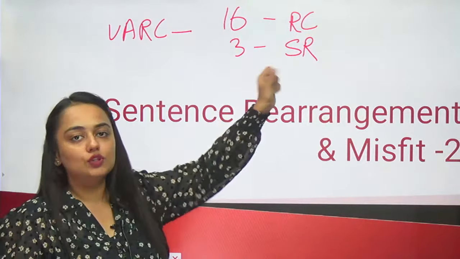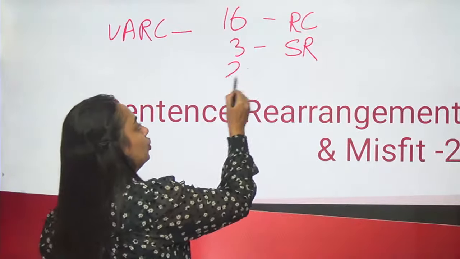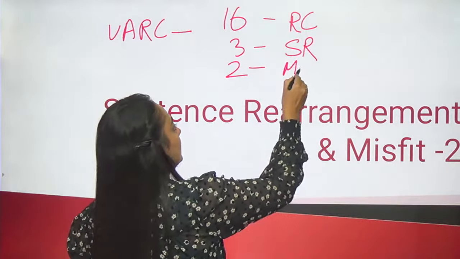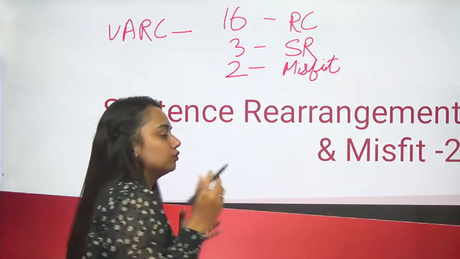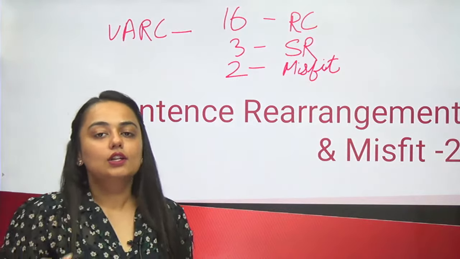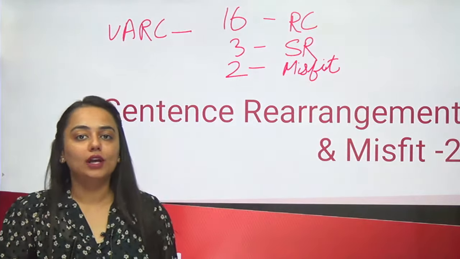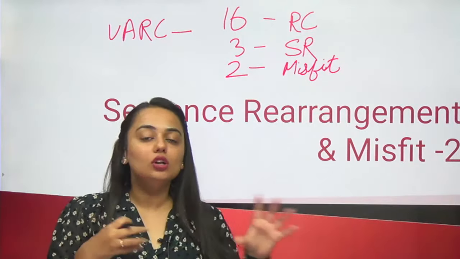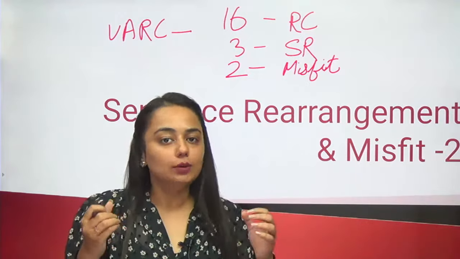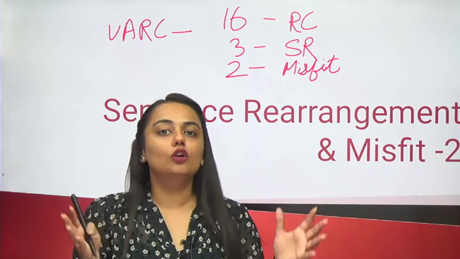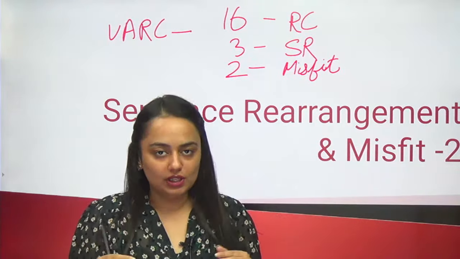So 3 questions from sentence rearrangement and 2 questions on misfit. In misfit you get 4 to 5 sentences, and you have to find the one sentence which is not in sync with the rest. Even if you take out that particular sentence, the meaning of the passage as a whole will not be distorted.